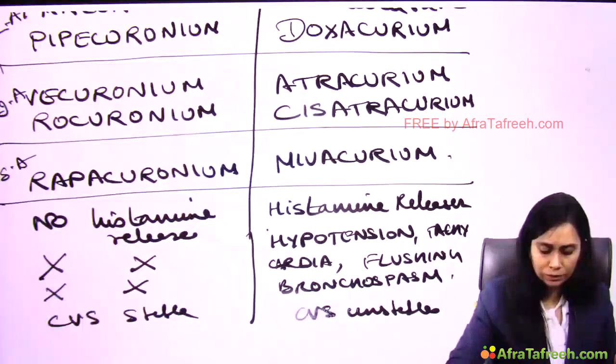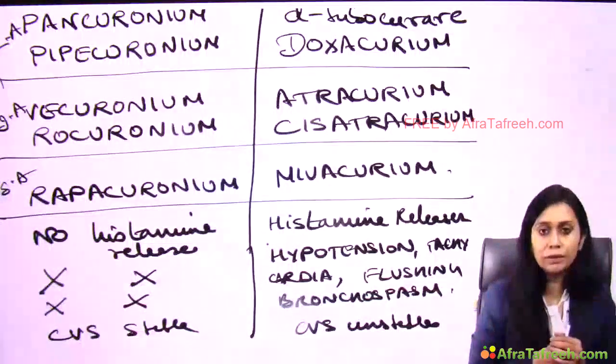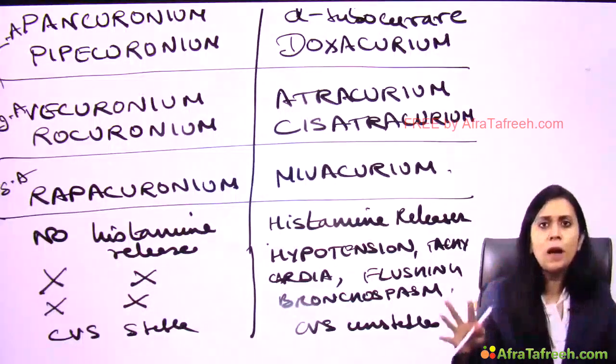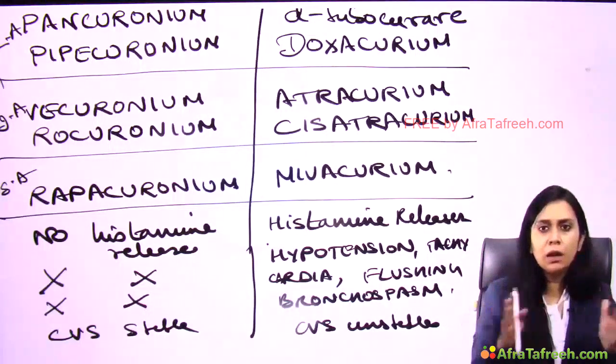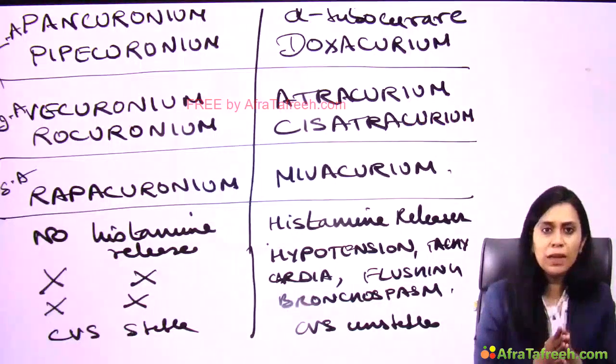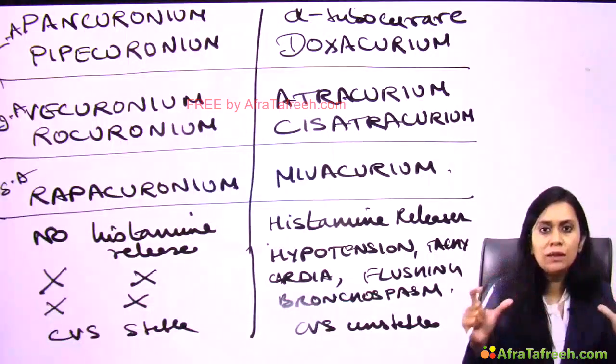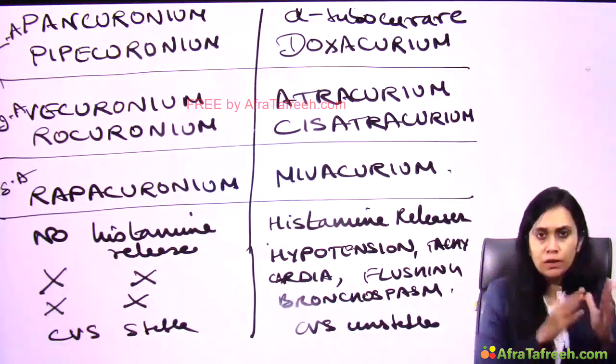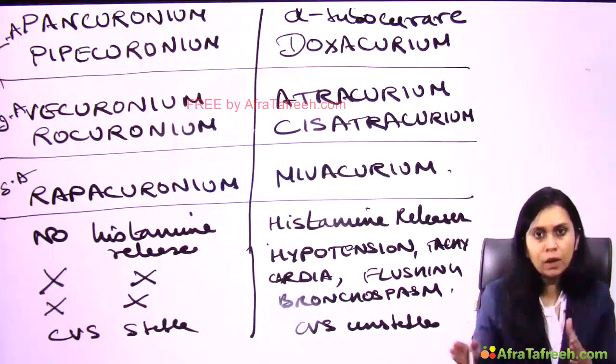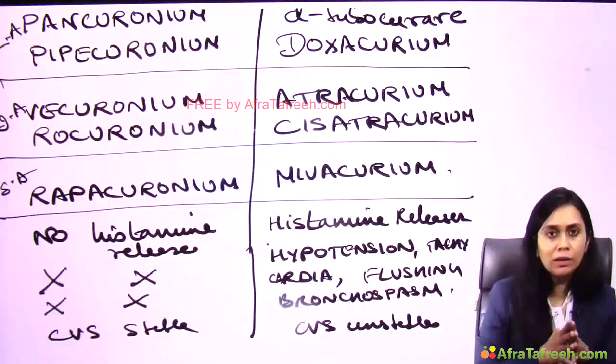Before I go on to individual drugs, I want to summarize a few things. Neuromuscular blockers are divided into two groups: depolarizing and non-depolarizing. Depolarizing neuromuscular blocker, succinylcholine, is accompanied with life-threatening side effects, so we don't use it routinely.